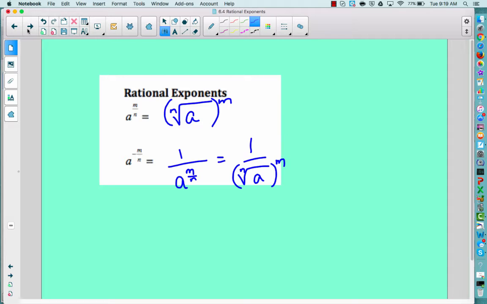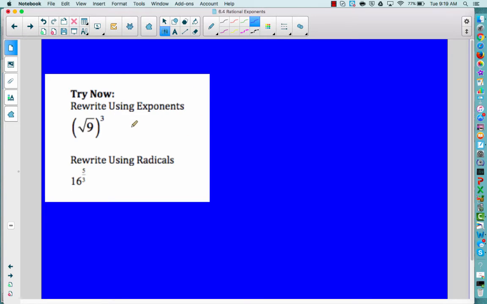All right, so let's try this. I want you to try to rewrite the square root of 9 to the 3 power using exponents, and I want you to try rewriting using radicals. So press pause, try it, and let's see if we got it right. Okay, so you're back. So this says the square root of 9 to the 3 power. So remember, the index goes on the bottom of the fraction, and the power that it's being raised to goes on the top.